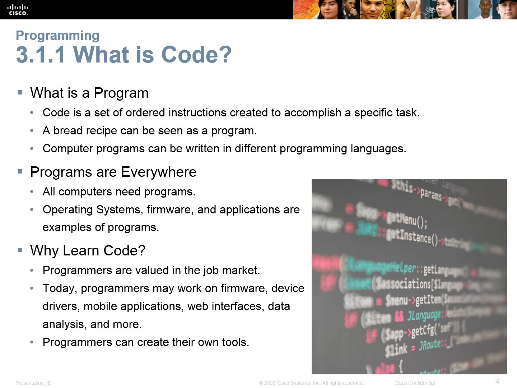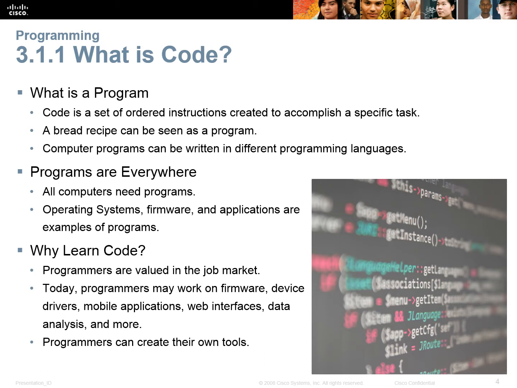In a world that is becoming increasingly digital, the ubiquitous nature of computing means that software is everywhere. Today, programmers may work on firmware, device drivers, mobile apps, web interfaces, and data analysis. These employment areas were all available before, but the IoT has drastically increased the number of available projects and companies.